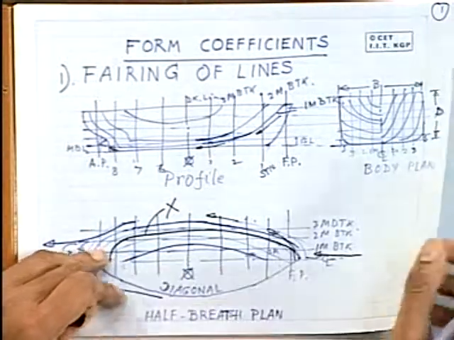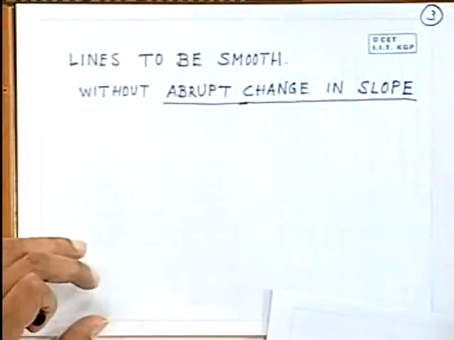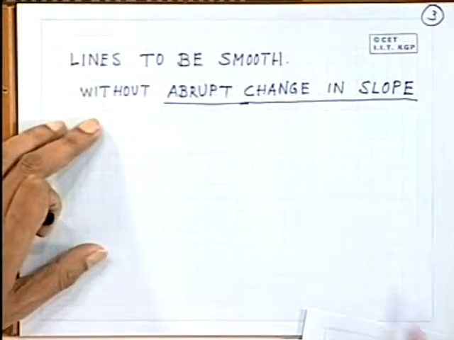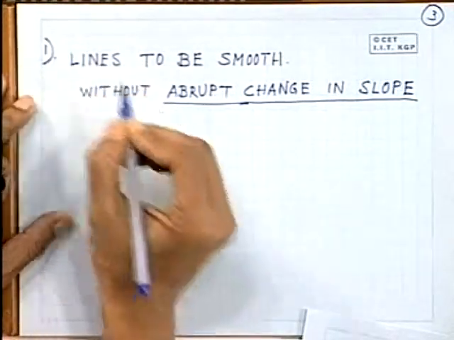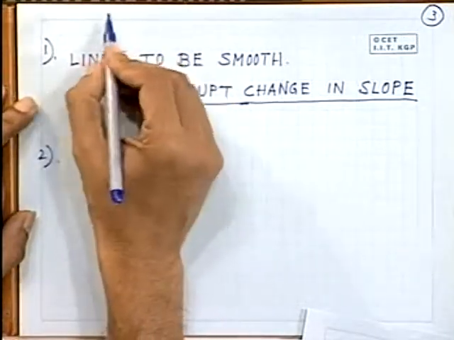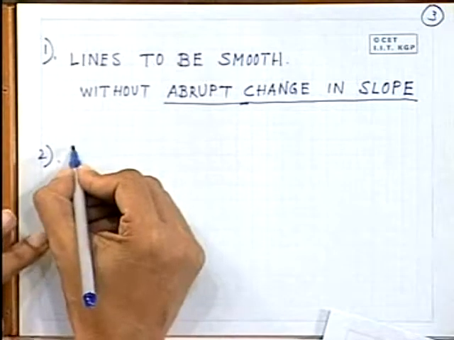Now coming to the fairing. The first part of fairing actually is that abrupt changes in slope are to be avoided, lines to be smooth. This is the first condition of fairing. The second condition is projections.